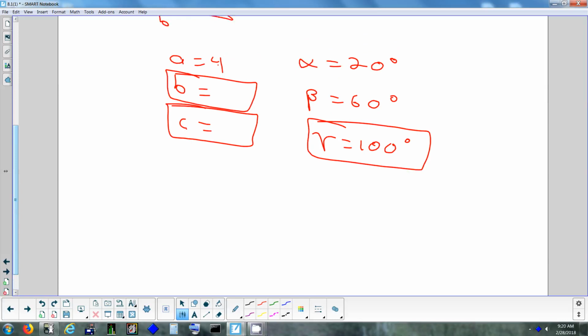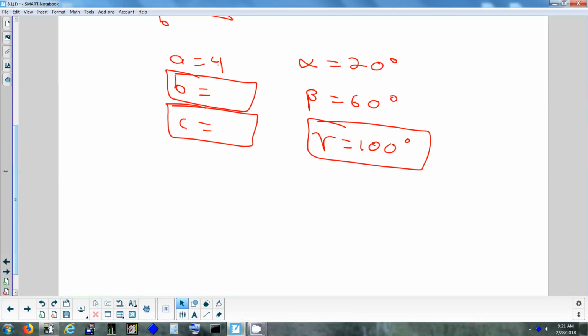There is no way to find C without using gamma. So if you got gamma wrong, you're automatically going to get C wrong. But gamma has nothing to do with B. You could still get B right. But there's going to be more of this dependency when we do it this way, where you have to use things you found to find other things. There's just no way around it.